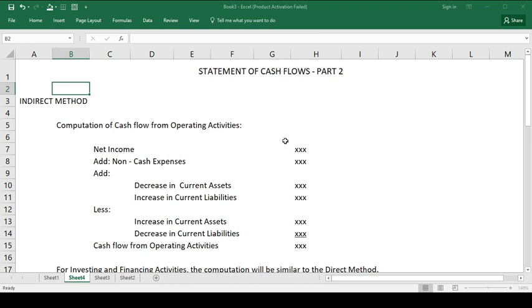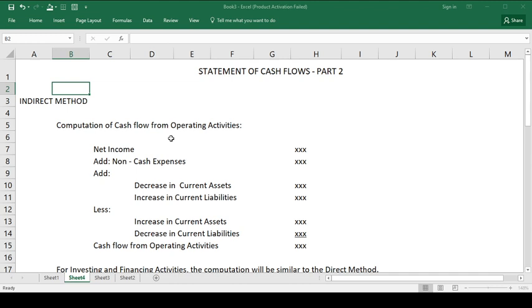And then we will add all non-cash expenses to the net income. Kasi yung kinukompute po natin dito is the operating activities cash transactions. So we need to add back the non-cash expenses. What are the most common non-cash expenses na pwede nating makita on the statement of comprehensive income?